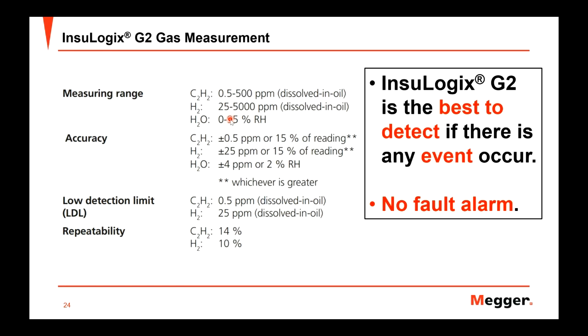Maybe you can find something like 5 ppm or 10 ppm, but does it really matter to measure that low an amount? Not at all. Even if you can measure the increase from 5 ppm to 25 ppm, you don't take any action, right? Because it's a low energy fault. Okay.